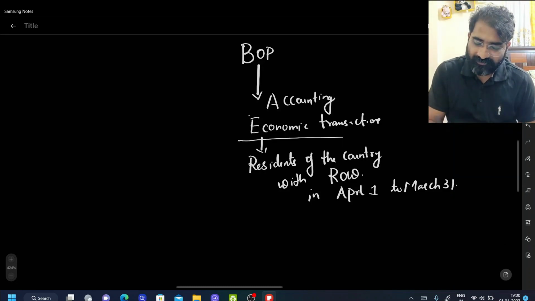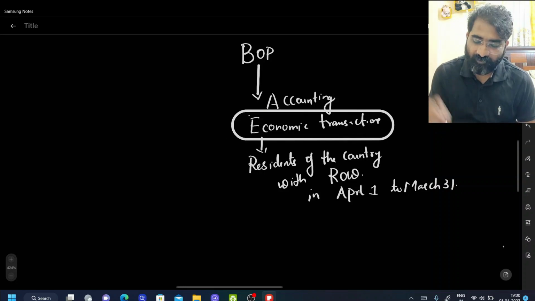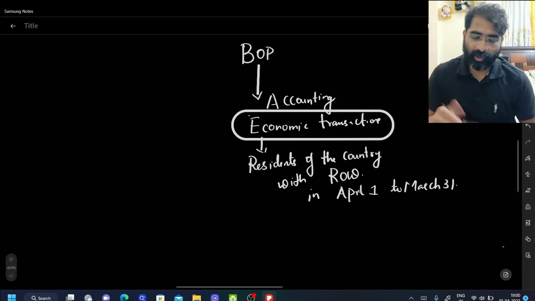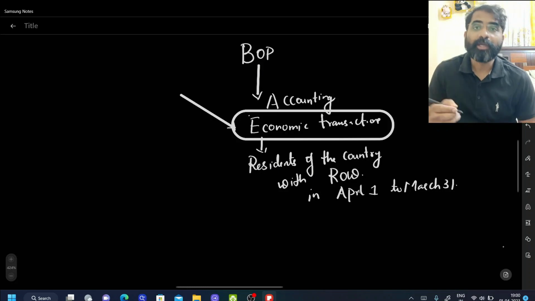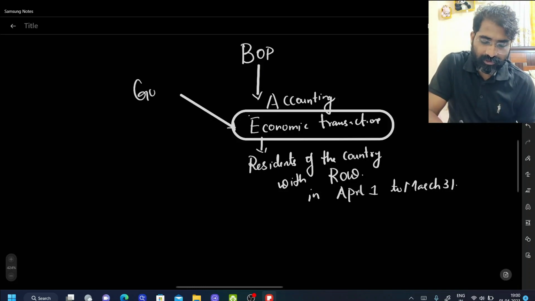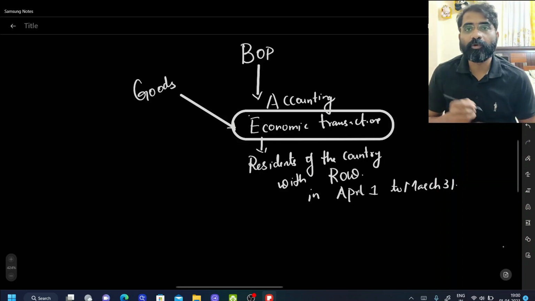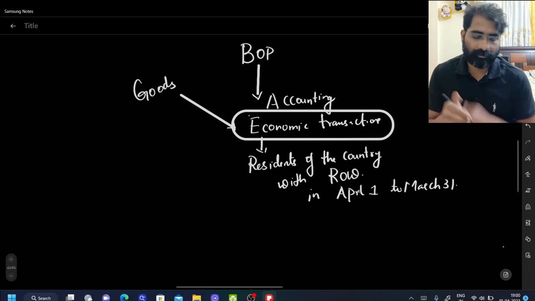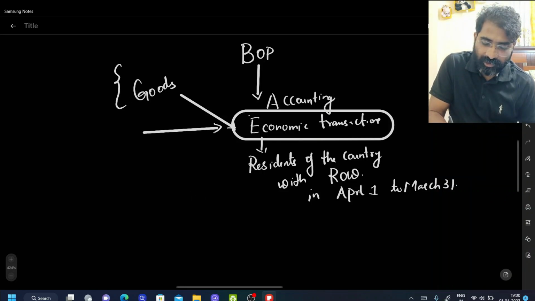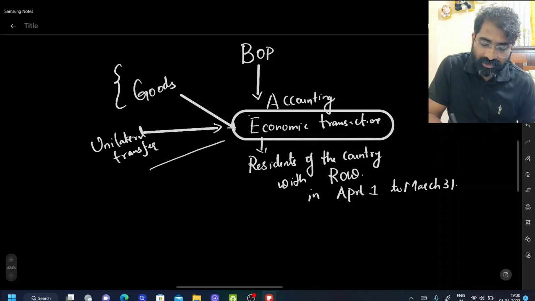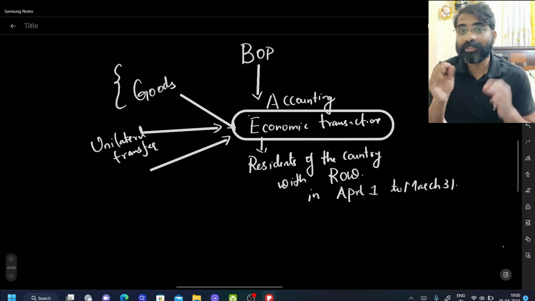Okay. Now, when I use the word economic transactions, what are these economic transactions? Economic transactions will include transaction of goods, that is export and import of goods. It also includes unilateral transfers, one-sided transfers. It also includes, very important, income.